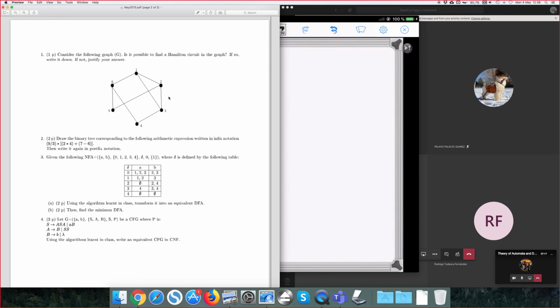I'm copying the graph in the whiteboard, and please take a look while I copy the graph to see what is the situation here. Okay, just the names of the vertices remaining.